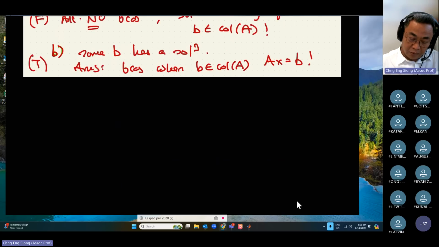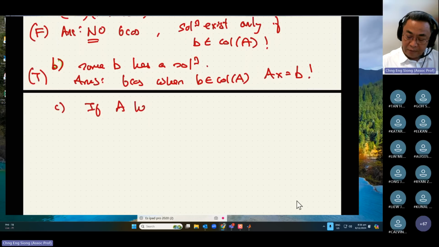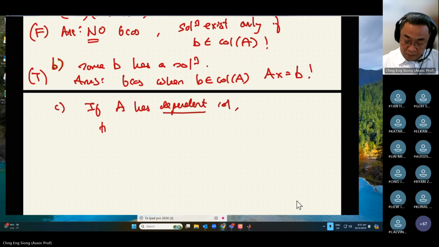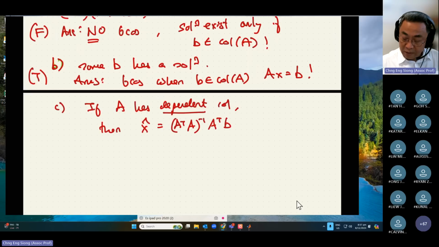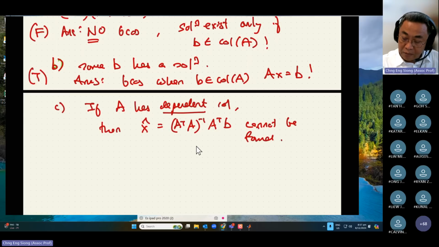All right. So now the third question. If A has dependent columns, then X hat equals (A transpose A) inverse A transpose B cannot be found. True? All right.